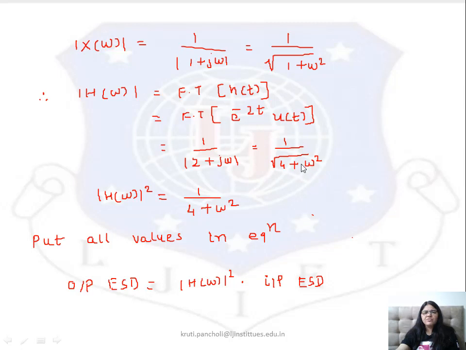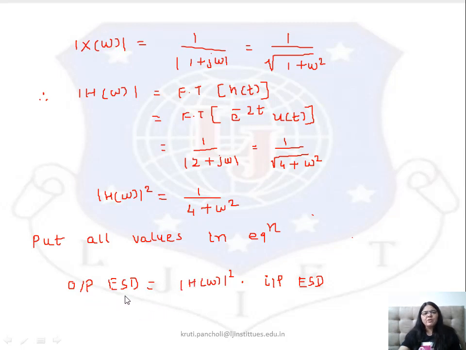Therefore, the square of this is 1 upon 4 plus omega squared. So now I have the value of modulus of H(omega) squared and the value of the input spectral density |X(omega)|².